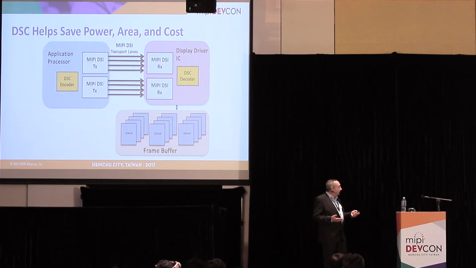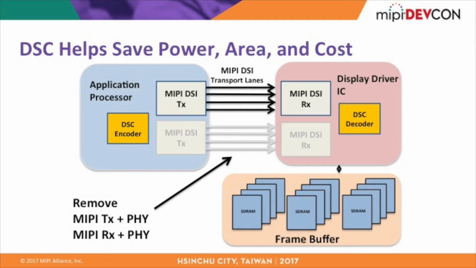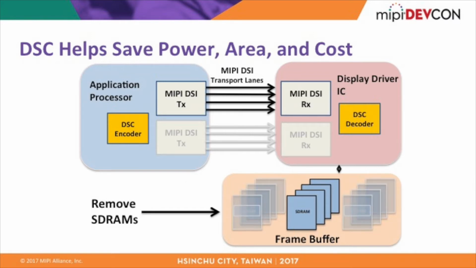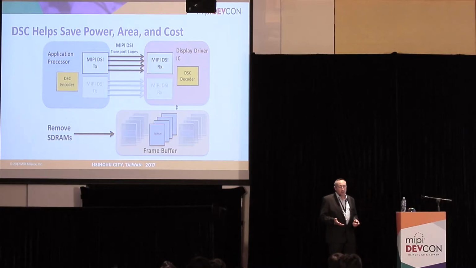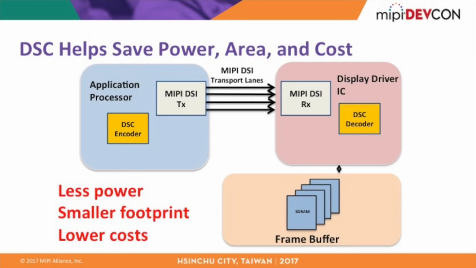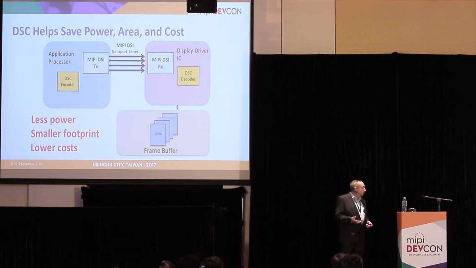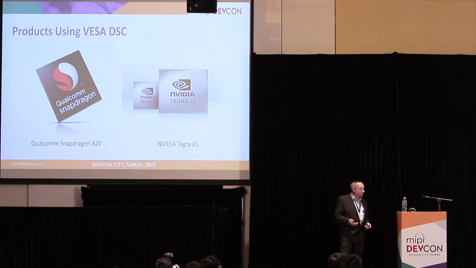When you add a DSC encoder, you can eliminate some of the MIPI lanes because you don't need as much bandwidth, but you can also remove static DRAM, some of your frame buffer. You can actually shrink it by 2/3. So the benefits are less power requirement, smaller footprint, lower cost, and in some other applications, you can also benefit from a slower operating frequency. Those are the main reasons why people have chosen to use DSC.